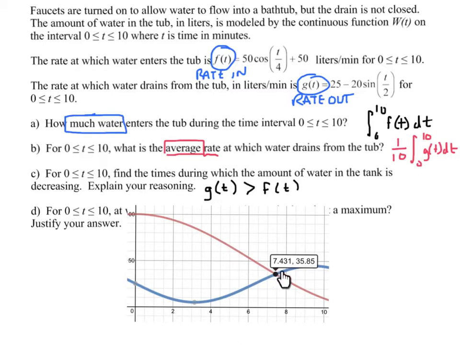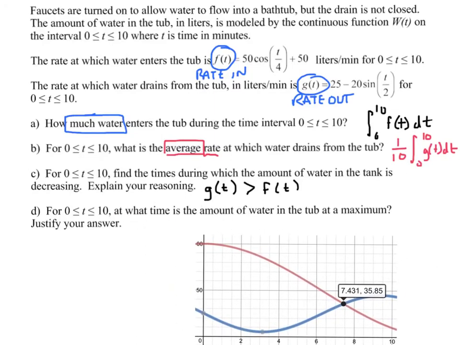At that point, more water begins to be drained out than is flowing in. So from 7.431 to 10, that is the interval during which the amount of water is decreasing.